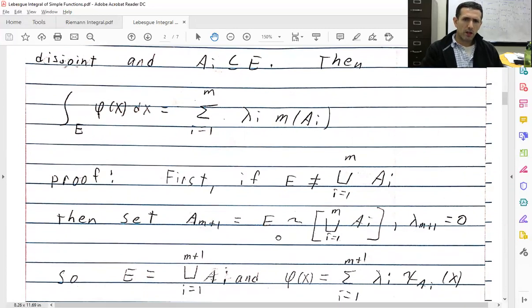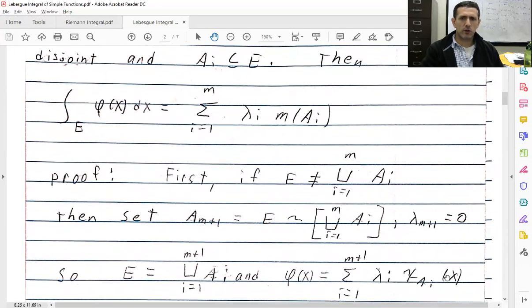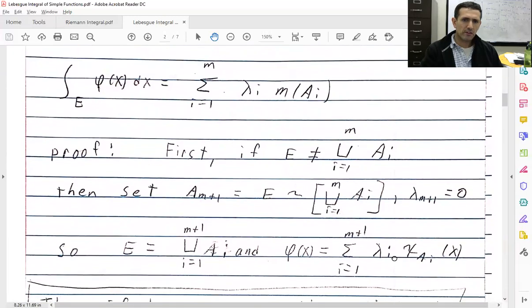And phi of x is going to be given by the sum here, which is absolutely trivial because this really is just the sum i equals 1 to m of lambda_i times the characteristic function of A_i at x, because lambda_{m+1} is 0. So I'm just doing something silly and including that 0 term in the sum. Okay.